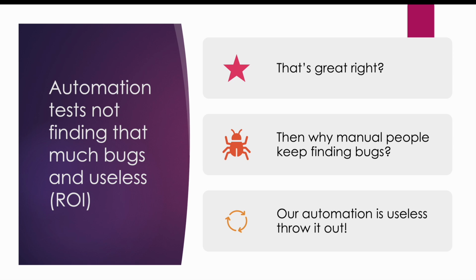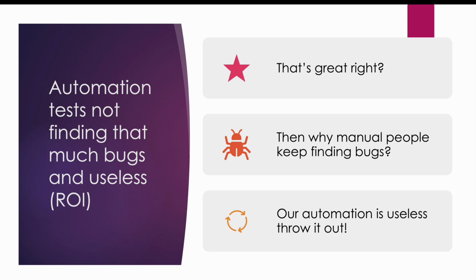Even in regression, manual testing finds more bugs than automation. That is mostly a known thing. If it is not, and your automation is finding more issues, then that is fine. But what to do here?